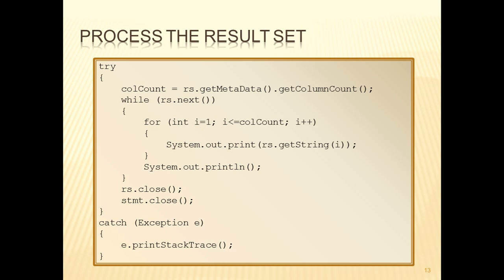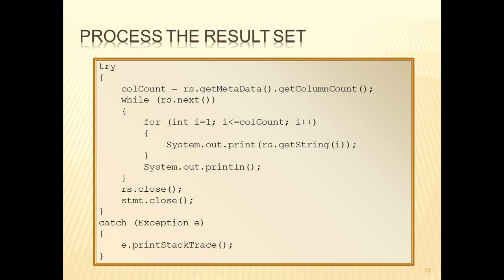Now the first line in this try block is making use of something called the metadata. Metadata is information about the data. So the result set is a set of data that has, for example, a number of columns, and will have other information about that data that's come back from the database.